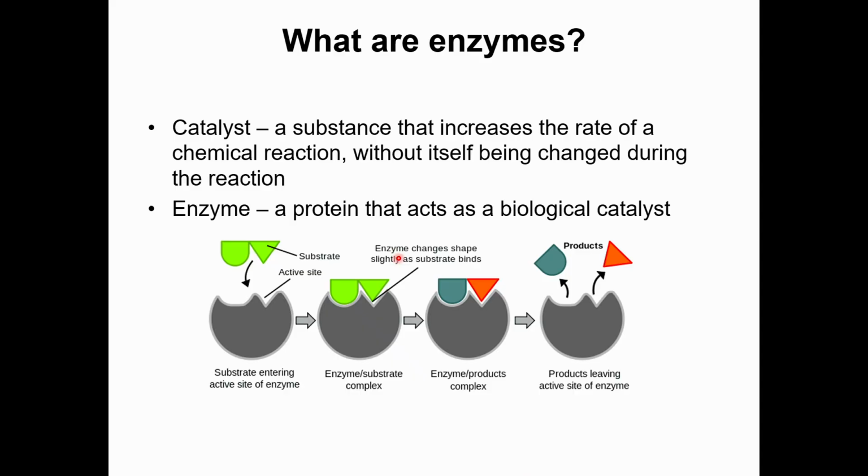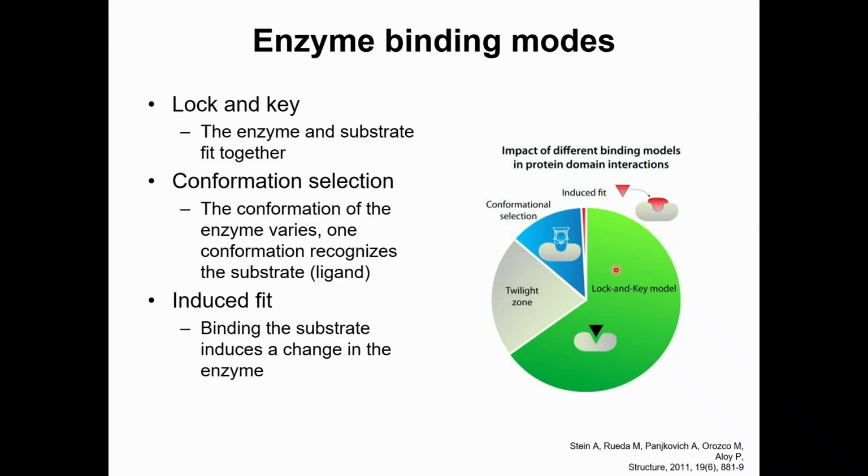Sometimes the enzyme actually changes shape very subtly when the substrate binds in order to become active. Then the enzyme facilitates the catalysis, and the products leave. This reaction of going from the substrate to the products can occur without the enzyme, but it might happen so slowly that it almost never occurs. So the enzyme oftentimes facilitates a chemical reaction like this.